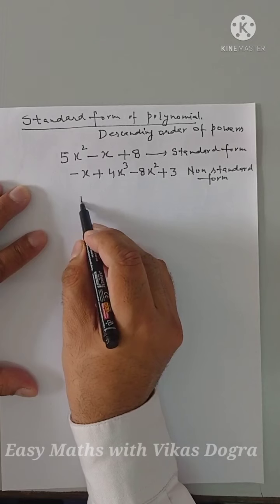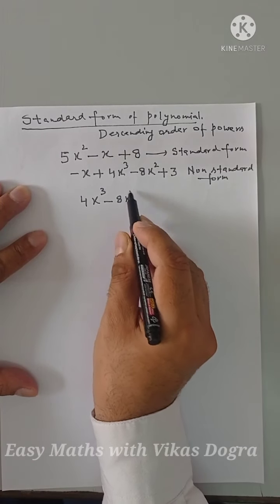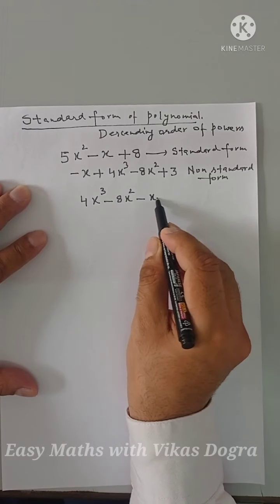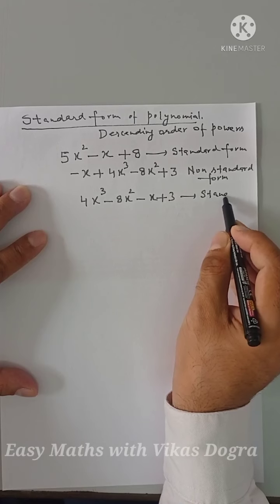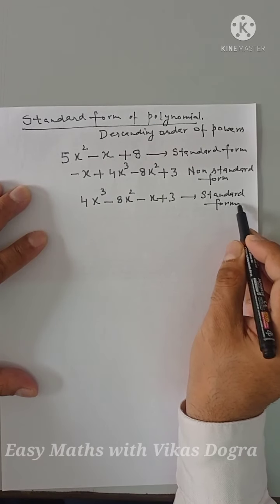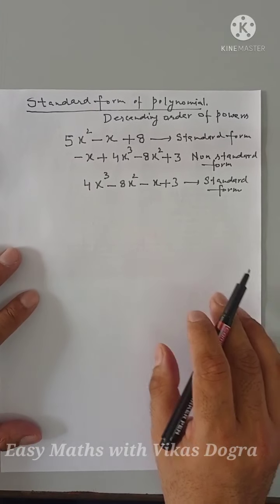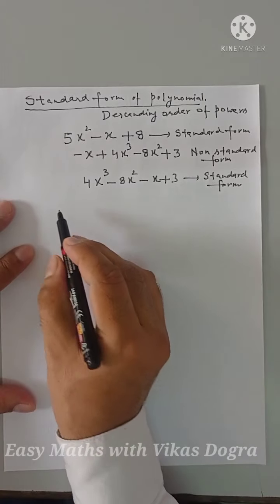You will check which is the highest power. So it is 4x cube minus 8x square minus x plus 3. Now you can see that this is the standard form. During long division of polynomials, it is a must to convert the given polynomial into standard form.